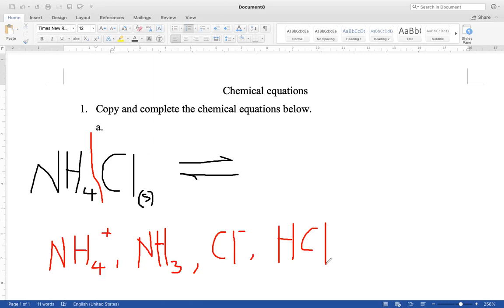So at least I've given you a hint. Remember, when a chemical reaction is taking place, what we are seeing in a balanced chemical equation are chemical species and not ions. So I've given you a clue. What is it that is likely to be formed?